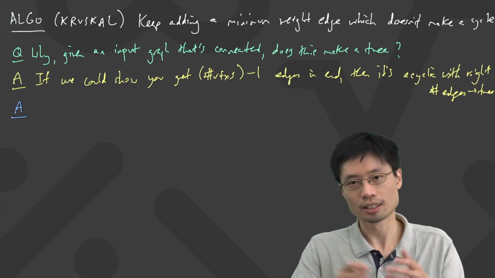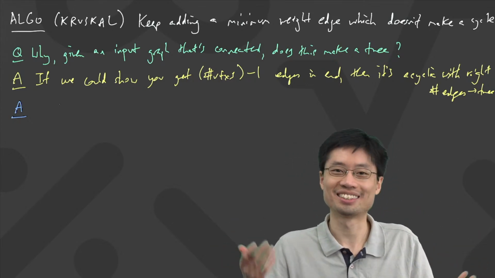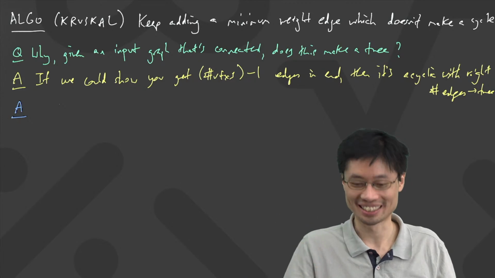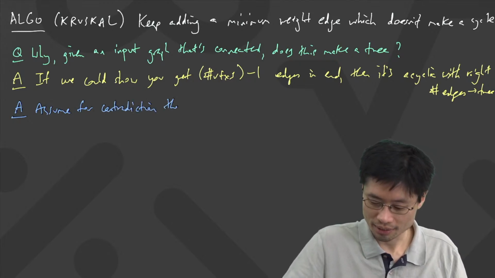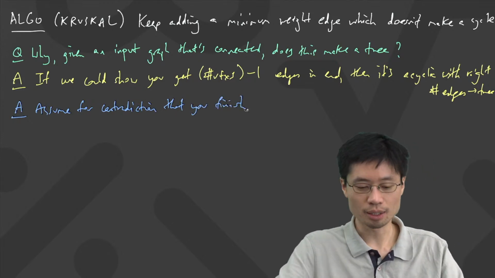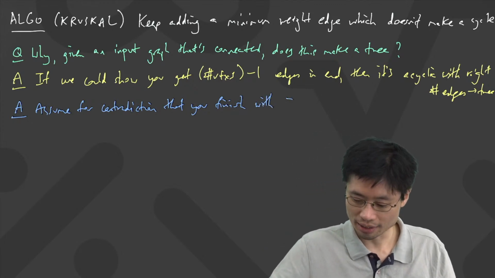So let's try that, right? That's often a powerful technique. It's like, how do I know it'll work? Well, let's show that it can't not work, right? So let's assume for a contradiction that you finish with a bunch of different connected components, with at least 2 connected components.